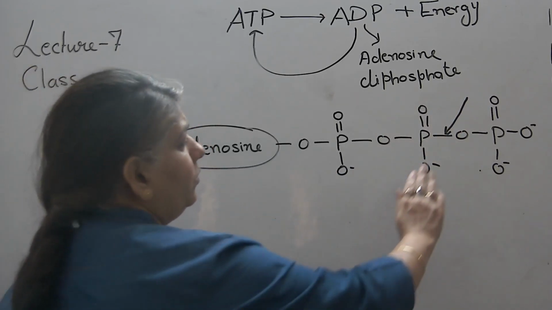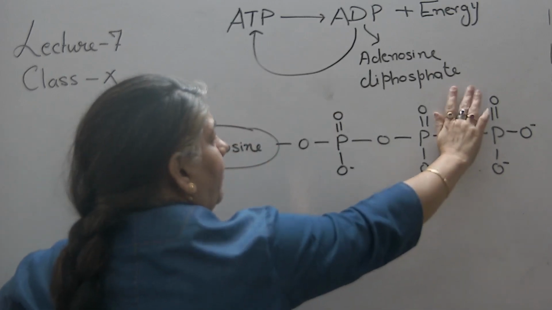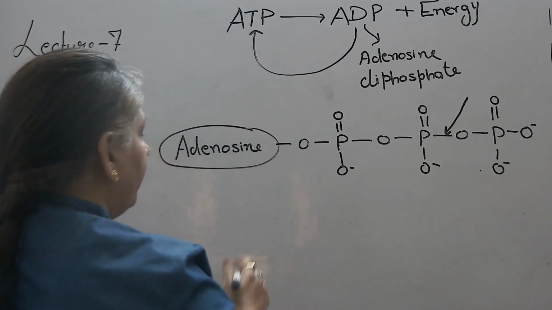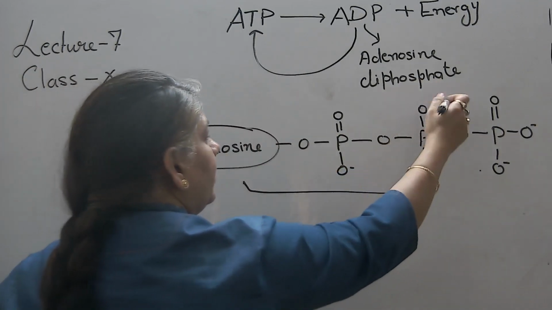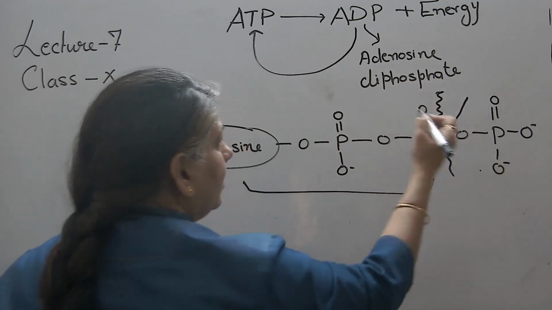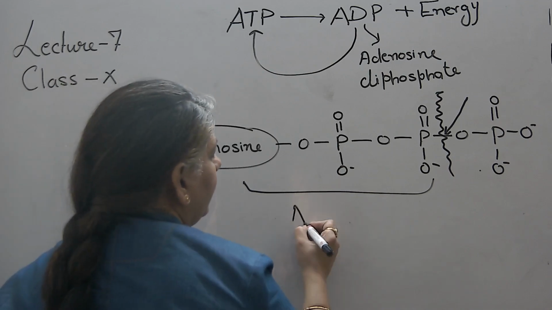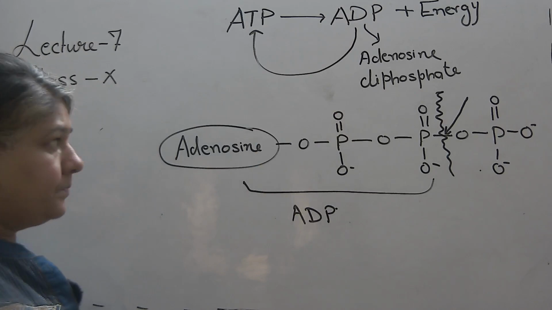So if we remove 1 phosphate molecule, we are left with only adenosine diphosphate. So once that bond breaks down, releasing high energy, what we are left with is ADP. So that is what is written here.